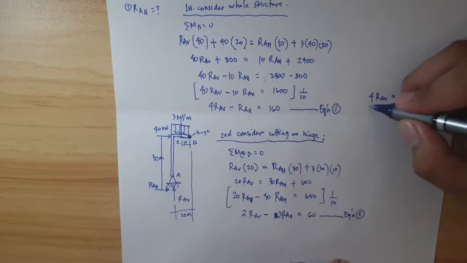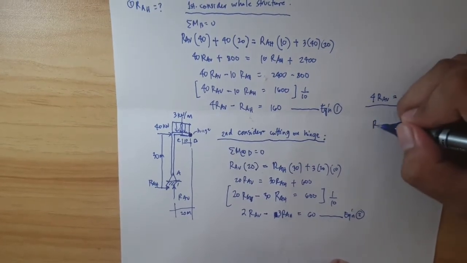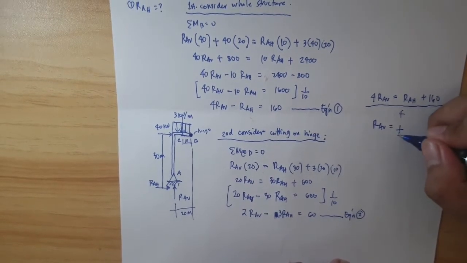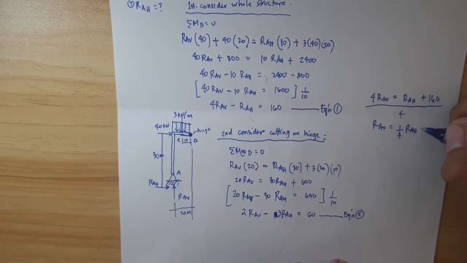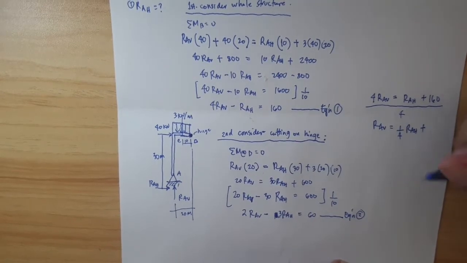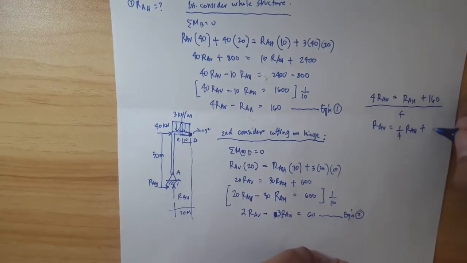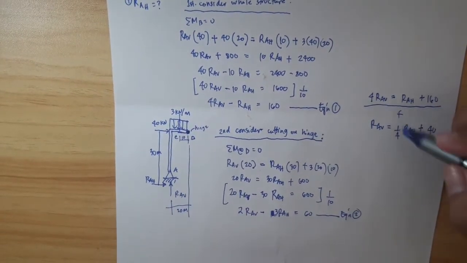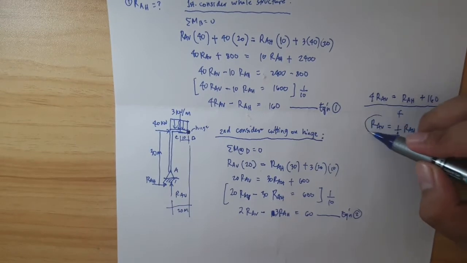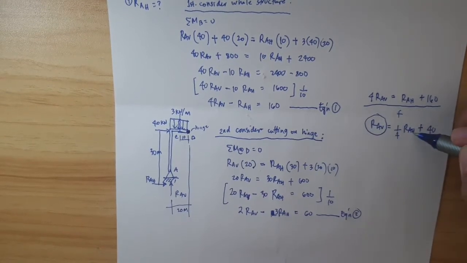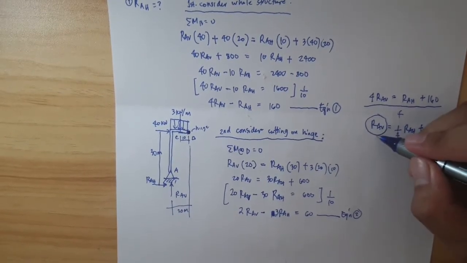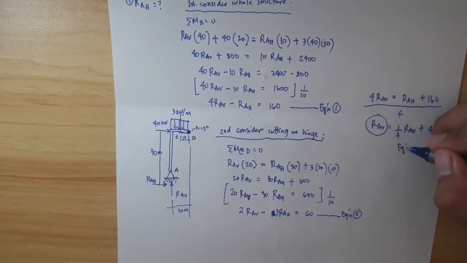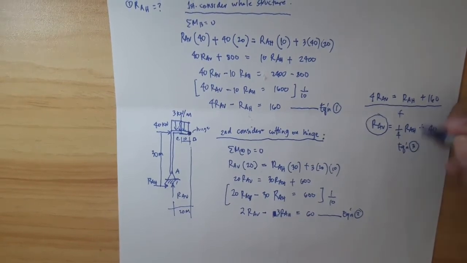Divide na to tanan og 4. So RAV equal to 1/4 RAH plus 40. Okay. So kani RAV in terms of RAH, atong ibutang sa equation 2. Let's say this is equation 3.